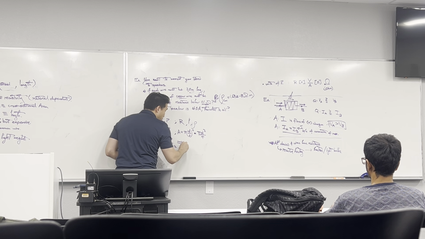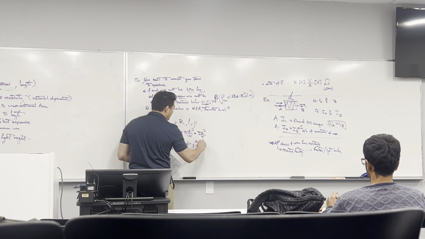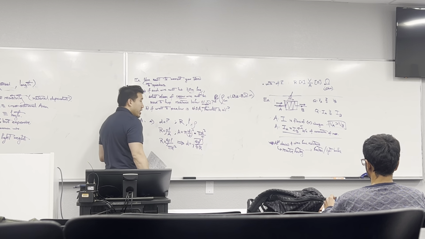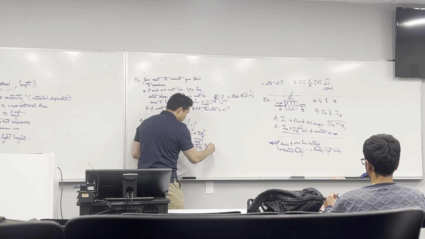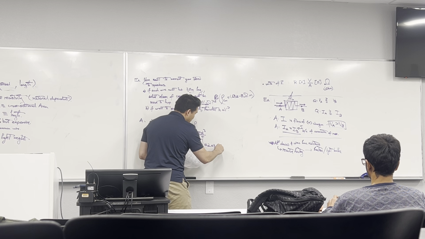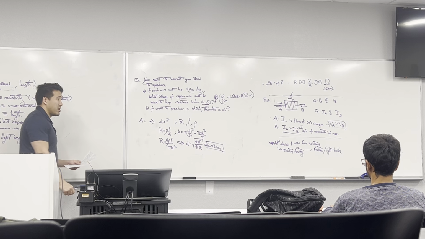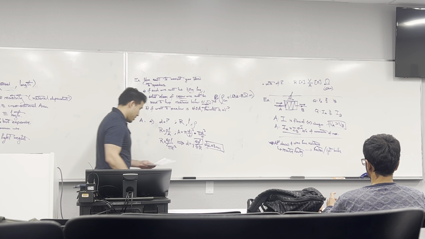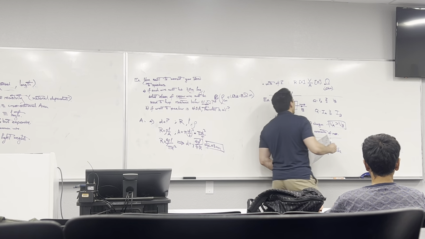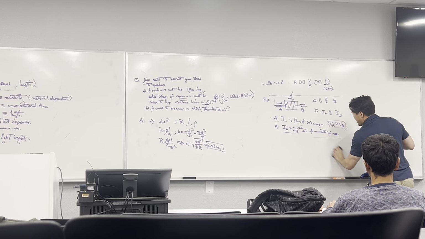And when we isolate for our diameter then, we get diameter that is equal to square root of 4 rho L over pi R. And as long as you put in the values correctly, you should get a value of 2.08 millimeters. So that is the diameter that will lead you to meet the specifications.